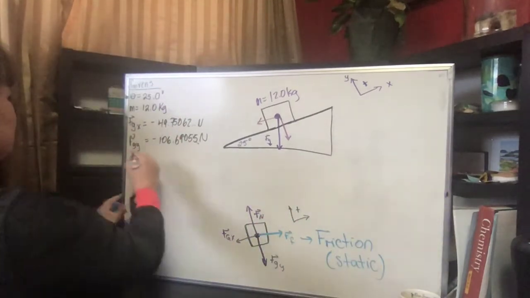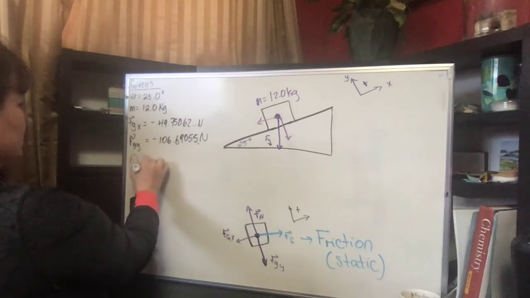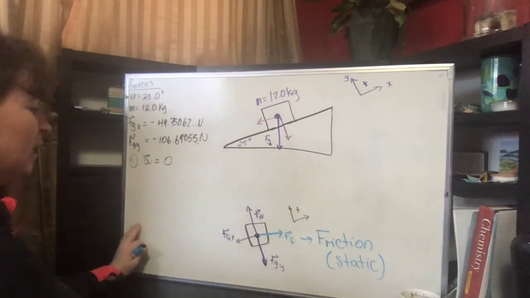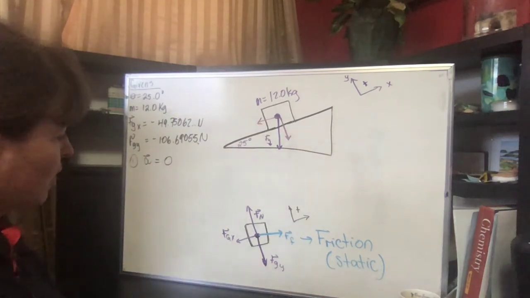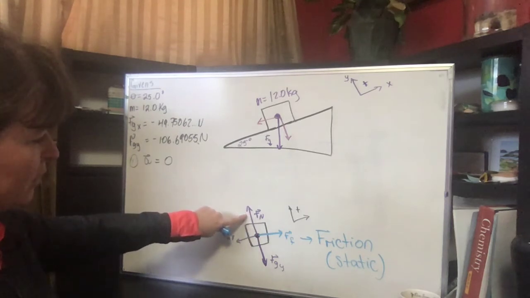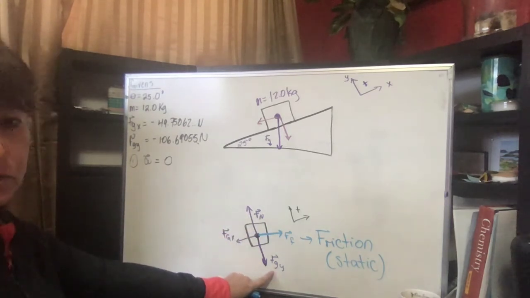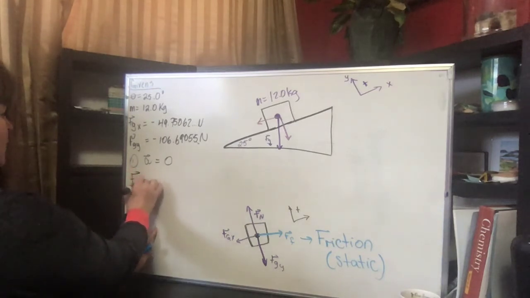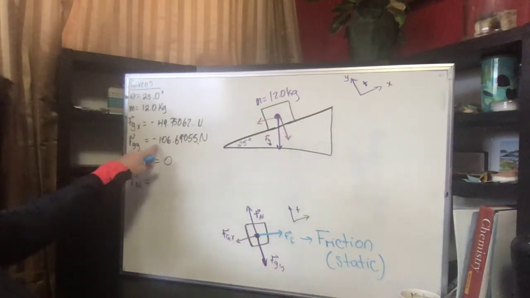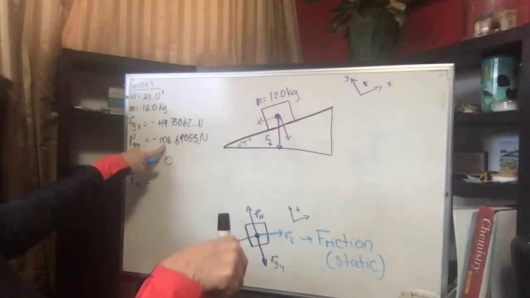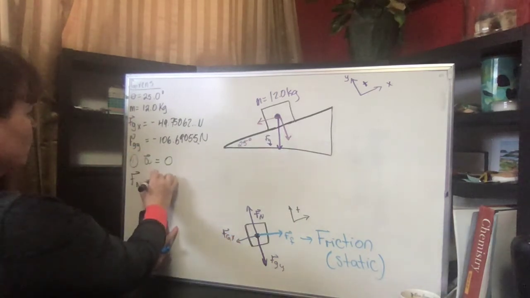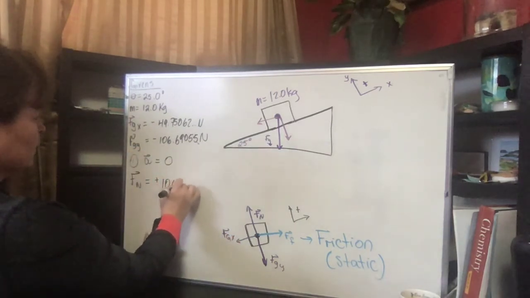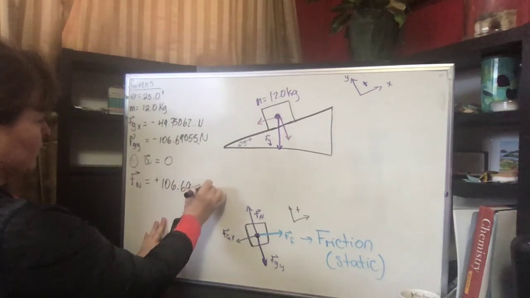That means for our givens list, for scenario 1, acceleration equals 0. And we also know a ton of other things as well. Our force normal is equal but opposite to force gravity in the y. So I know force gravity in the y was negative, down 106, so force normal is plus 106 newtons.